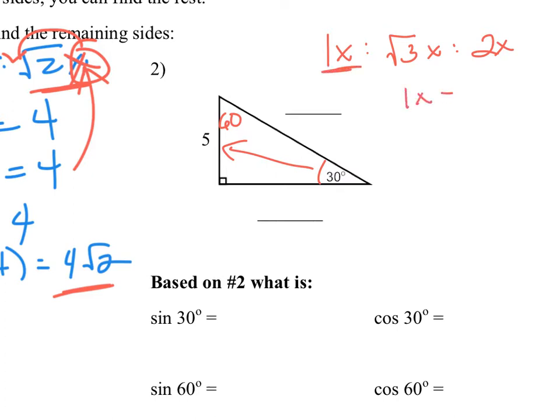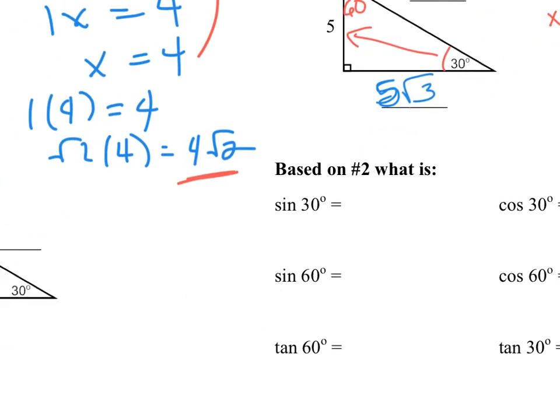So 1x equals 5, so x is 5. Following the same procedure, we just plug 5 in for x here, and we get 5 radical 3. Oh, wrong spot, excuse me. That's across from the 60. And across from the biggest angle, that's 10. Awesome.